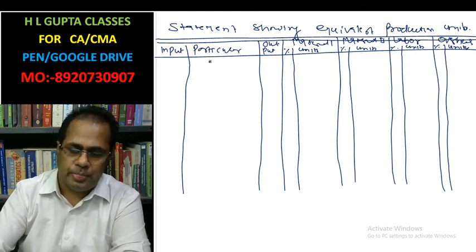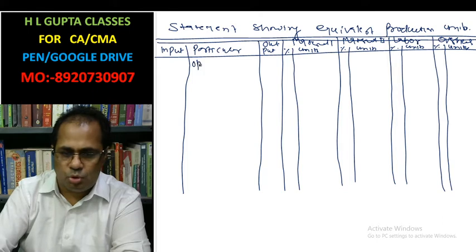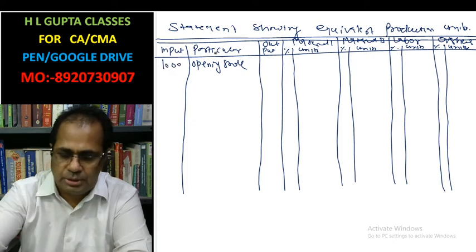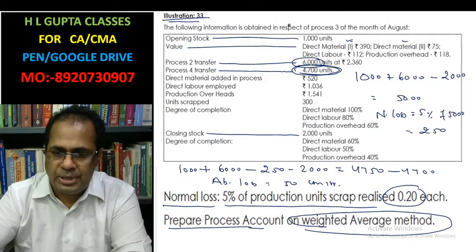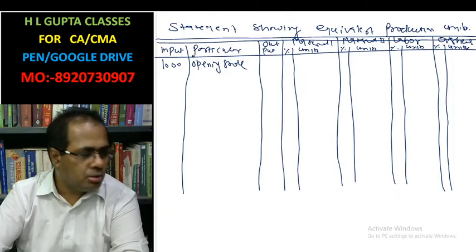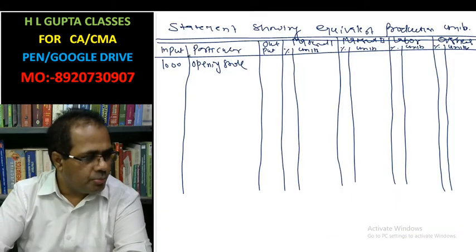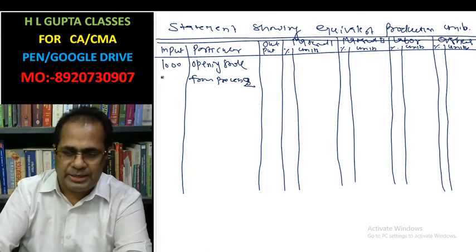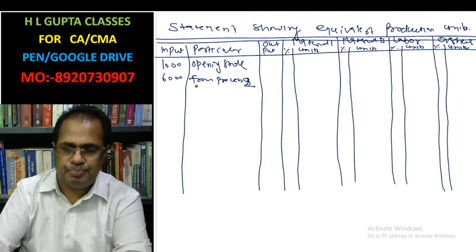Now in this case, what was the opening stock? Opening stock was 1000. From process 2, it is 6000.